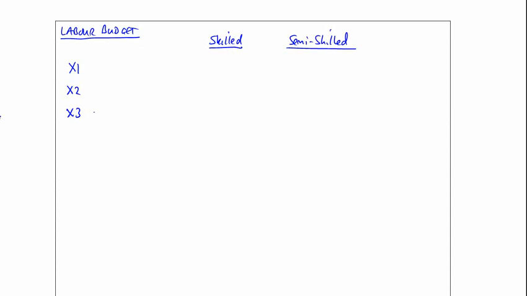Now we know X1, we're going to be producing 5,200 units. And in terms of skilled labour time, that's going to take 2 hours from the question, and for semi-skilled that's 5 hours. So in terms of skilled time, that's going to be 10,400 hours, and semi-skilled 26,000.